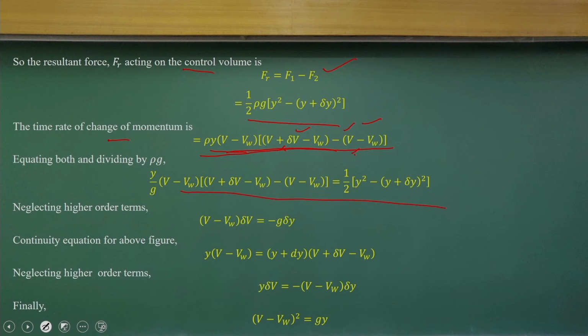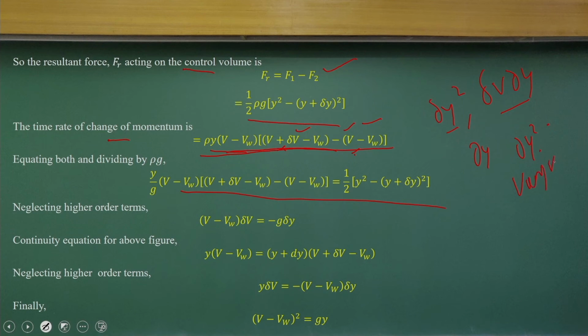The derivation is simple here. If I neglect the very higher order terms, like the multiplications of delta y square or delta v and delta y, because these are higher order terms, and delta y is small so delta y square will be very, very small.